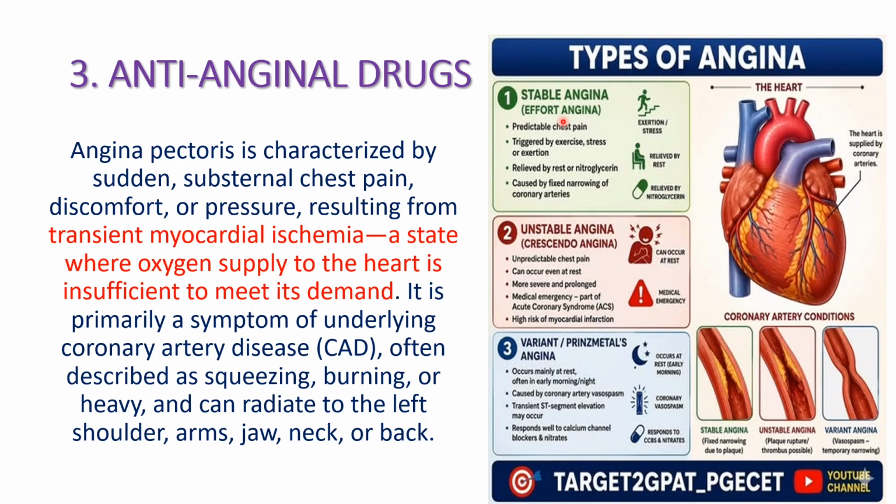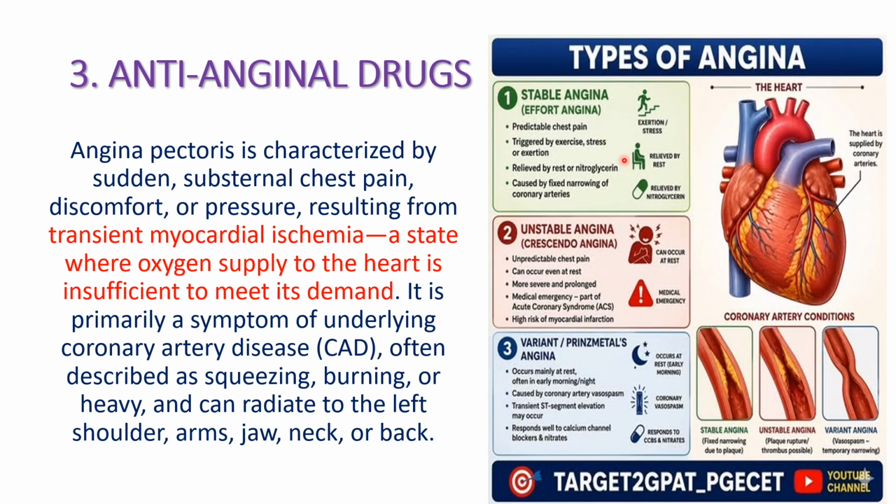The three types of angina are stable, unstable and variant angina. Stable angina is called effort angina. You need to remember the other names more specifically, because they are not asking directly about stable angina or unstable angina. Instead, they are concentrating on the alias names. So you need to concentrate on this. We can't expect any more direct questions in our entrance exams.